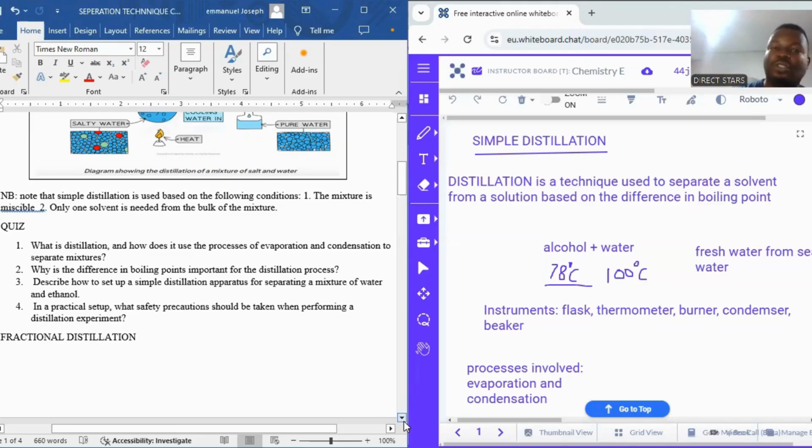For that one, you don't use this technique because that mixture is immiscible. So ensure that the mixture is miscible, and that only one solvent is needed from the bulk of the mixture. These are the two things you need to note when using this technique.